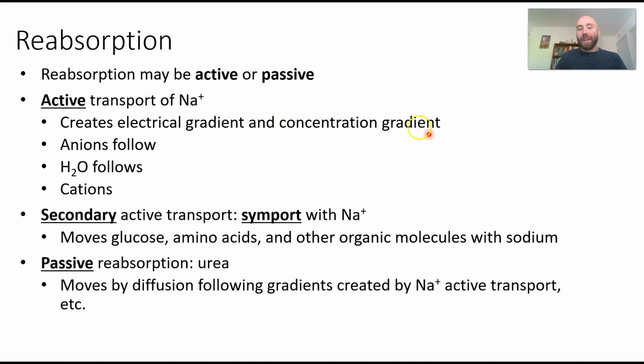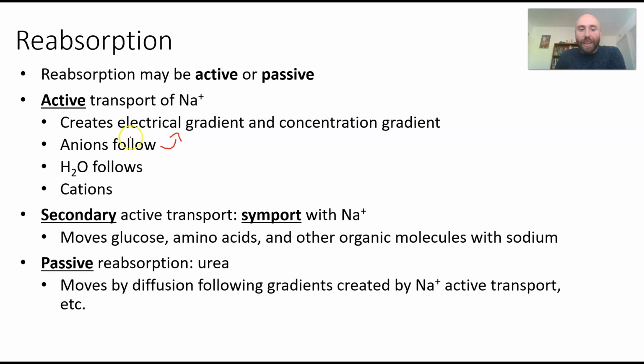And we've also created a concentration gradient. We're going to load up the plasma side with a bunch of charged ions that will draw water. So by actively transporting sodium back to the blood, we are going to draw anions. Those will follow because of the electrical gradient.